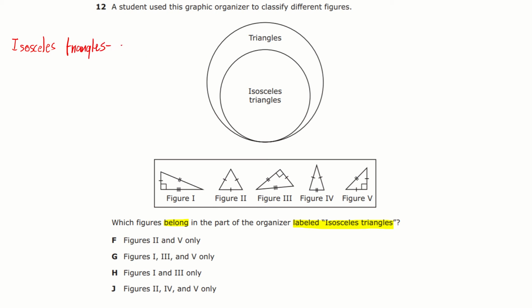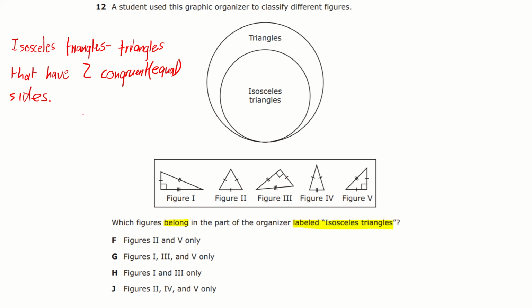Isosceles triangles are triangles that have two congruent, or equal, sides. So isosceles triangles are triangles that have two congruent sides.